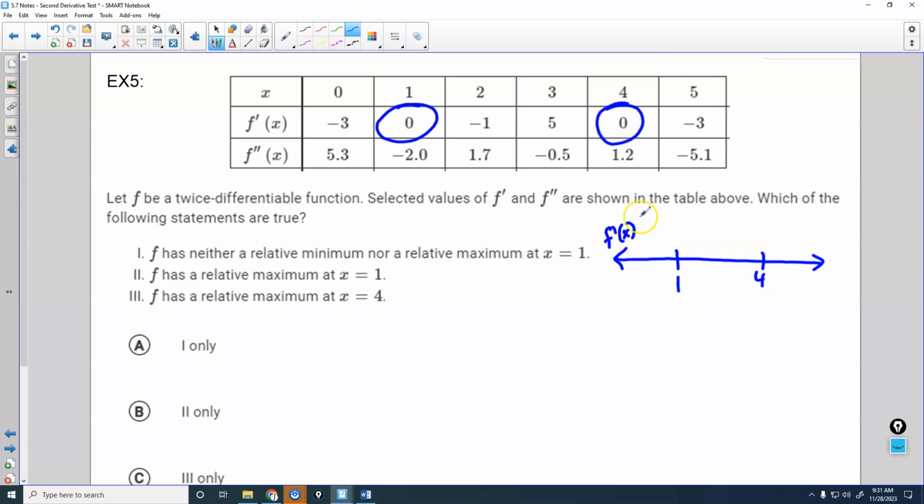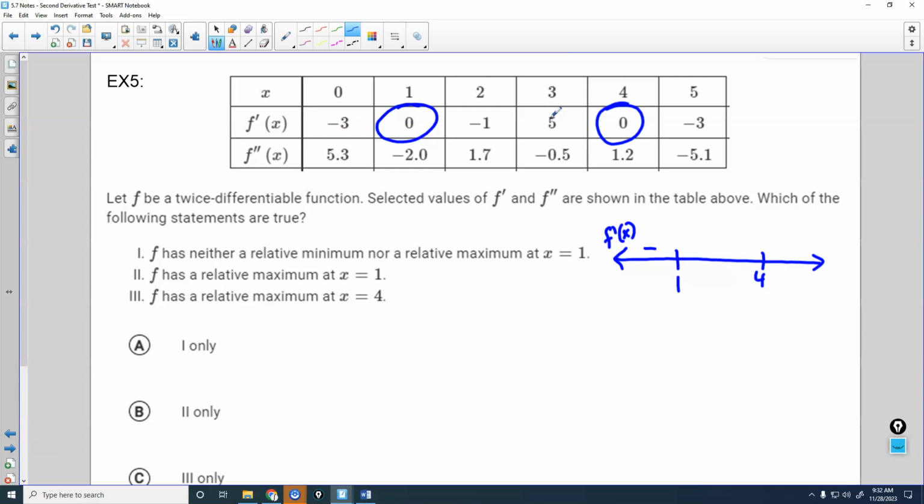So we'll look at that first derivative. Below 1, what do we have? Positive or negative? It looks like it's negative. What do we have between 1 and 4? We got negative and positive, right? And we can't put positive and negative on here.